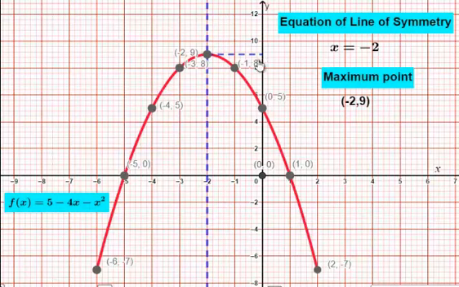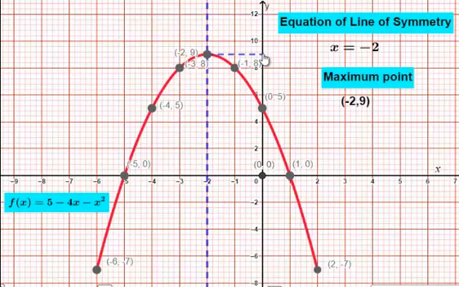The maximum value would be the y coordinate of the maximum point, which is 9. So the horizontal line here would help us to find that.